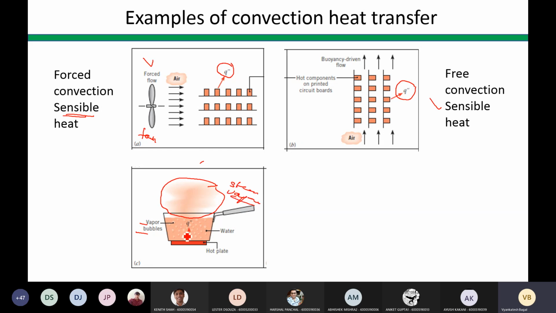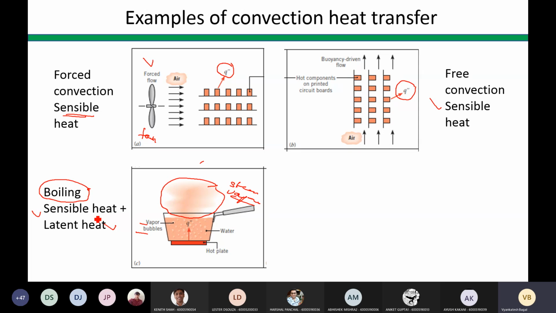Can you see that? So what kind of convection is this? This is boiling. Boiling is a special case of convection where you are talking about both sensible as well as latent heat.